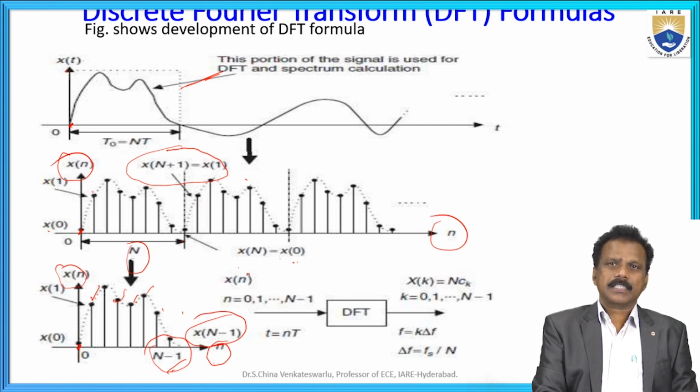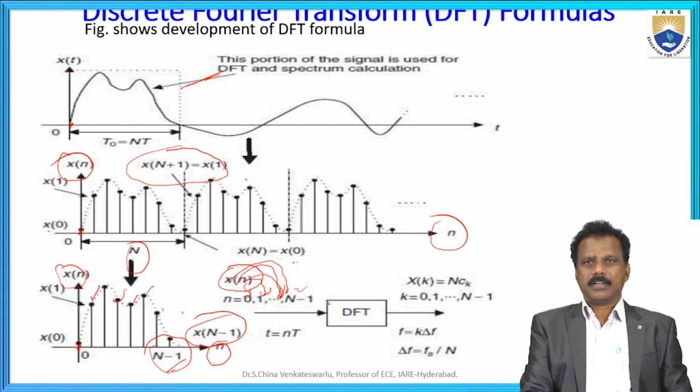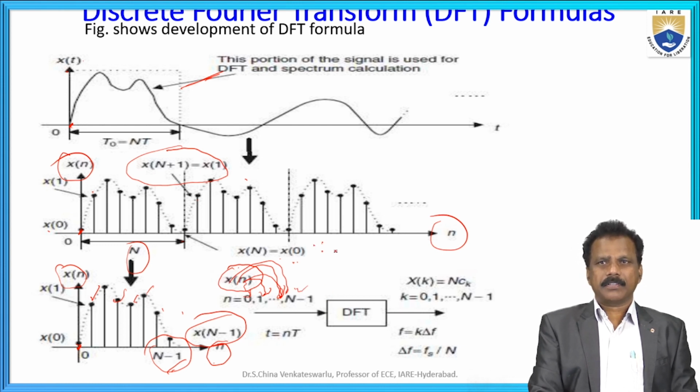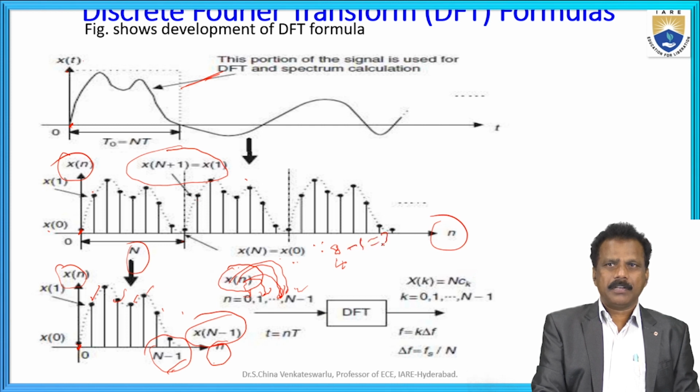So for x of n, the n value is ready to substitute: n equal to 0, n equal to 1, n equal to 2, n equal to 3, n equal to 4, n equal to 5, and so on up to N minus 1. Say, for example, N is given in the previous example as 8 or 4. Based on that, 8 minus 1 is 7, and 4 minus 1 is 3.